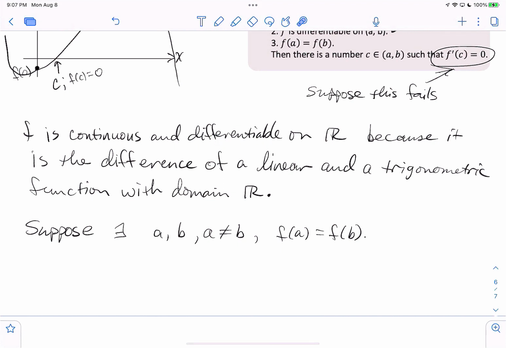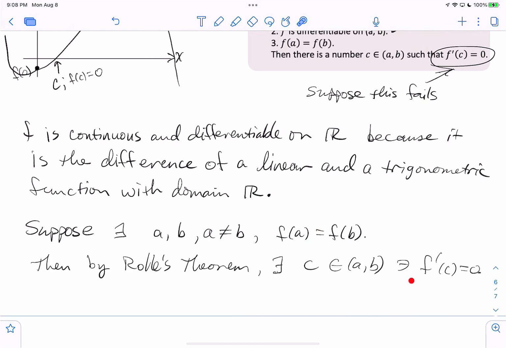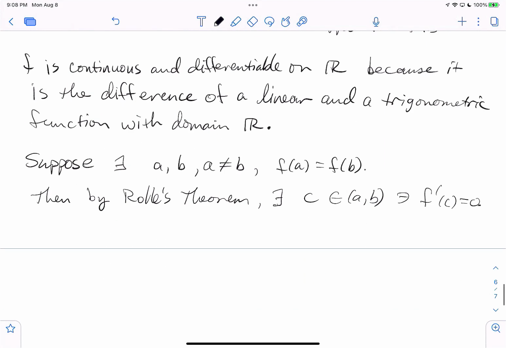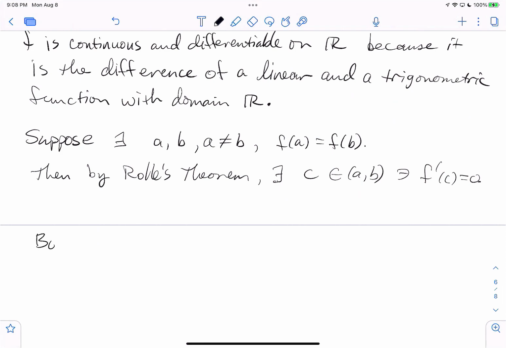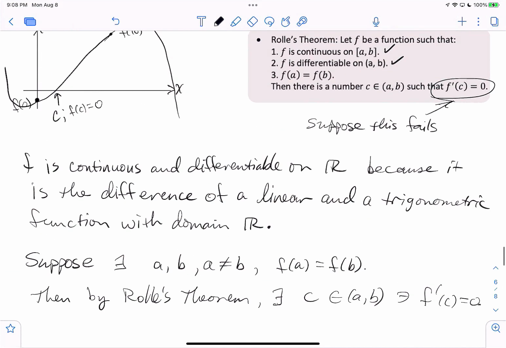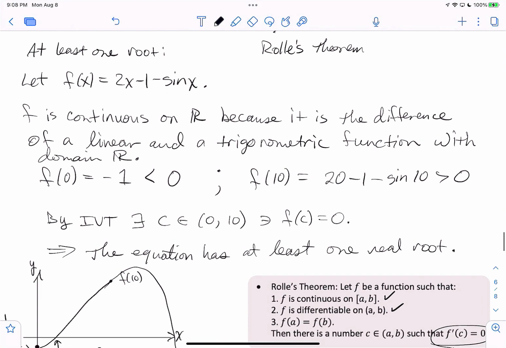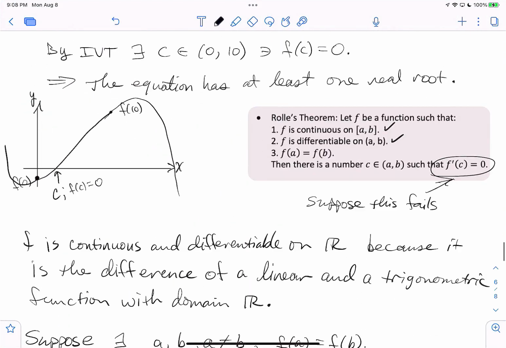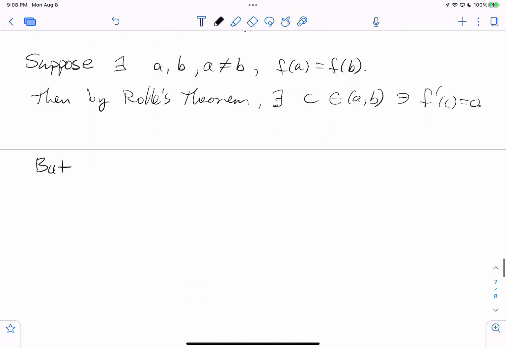Now we have continuous, differentiable, equality, so there must be a c where the derivative is 0. But, that's our favorite word in proof by contradiction, with f of x being 2x minus 1 minus sine of x, f prime of x is 2 minus the cosine of x.